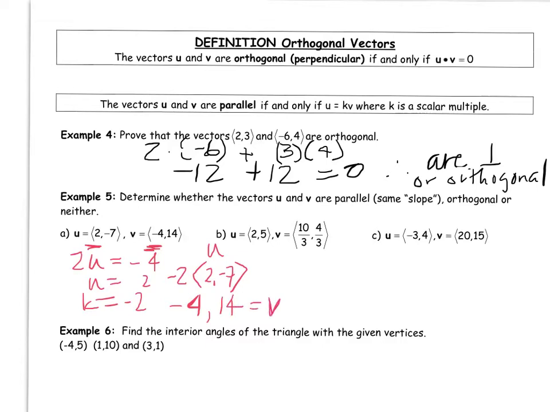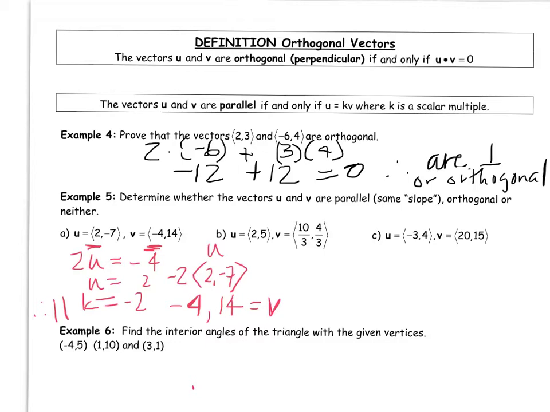So we proved that these two vectors are parallel, because they're scalar multiples. Your k value, your scalar, is just a number, a constant, negative 2. And again, a scalar is kind of like amplifying your vector. You're making it longer, or changing the direction. It's just a multiple of the other one.